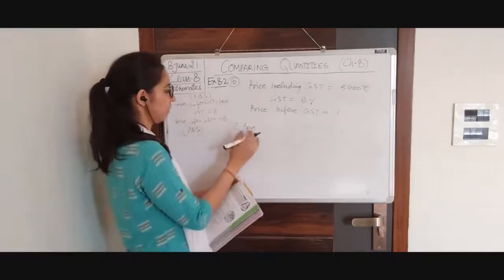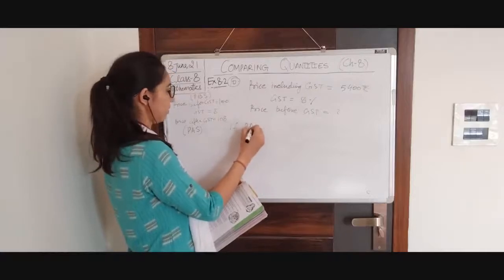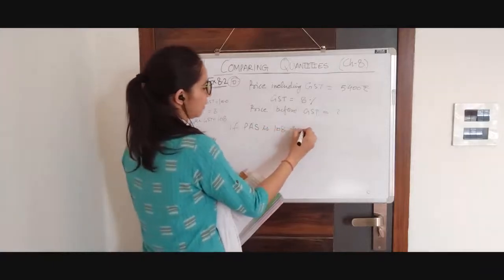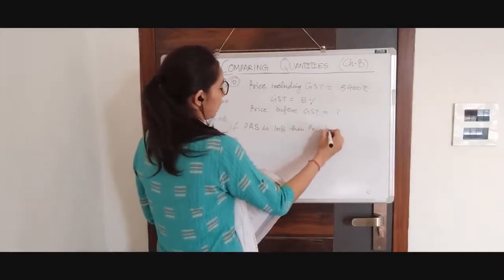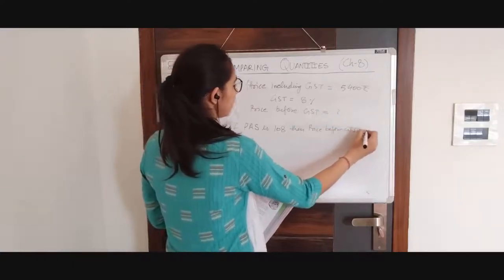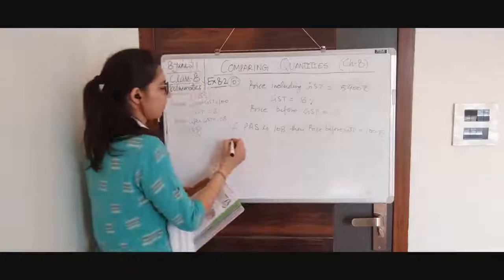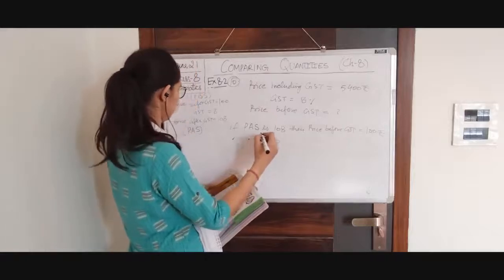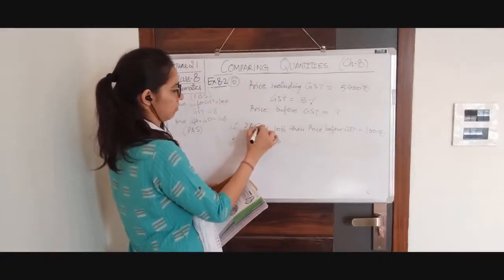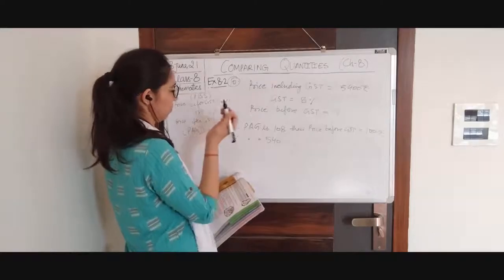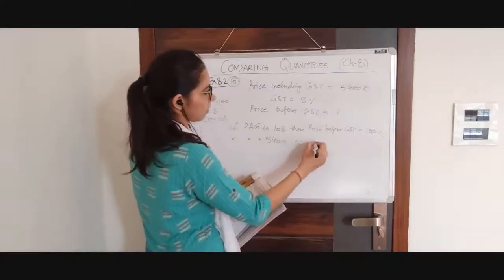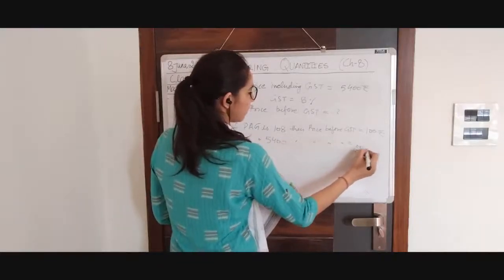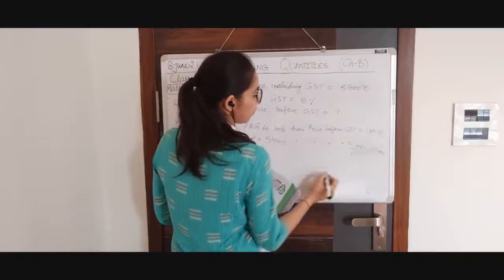If price after GST is 108, then price before GST was rupees 100. So if price after GST is this much, then price before GST will be 100 divided by 108 into 5400.